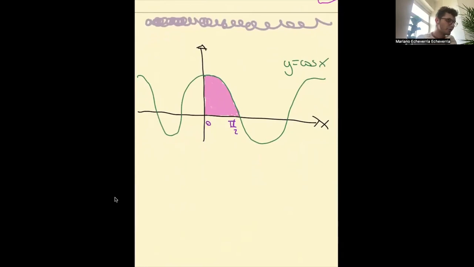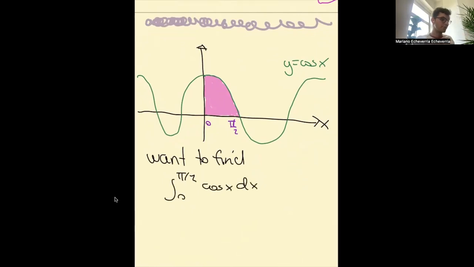And I wanted to find the area between cosine of x and the interval 0 to pi over 2. Okay, so the area that you see here. So I want to find the integral from 0 to pi over 2 of cosine of x dx. I want to know what the value of this area is.